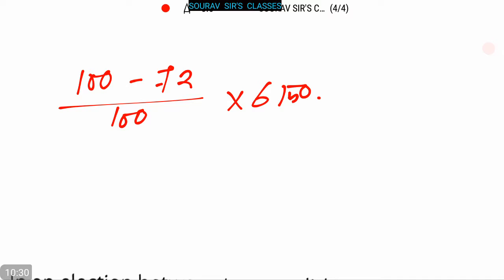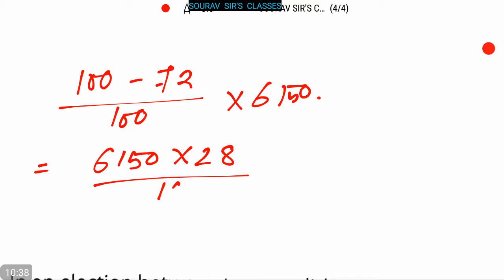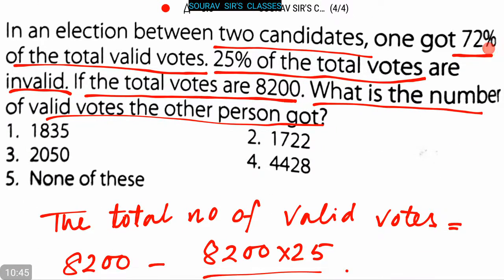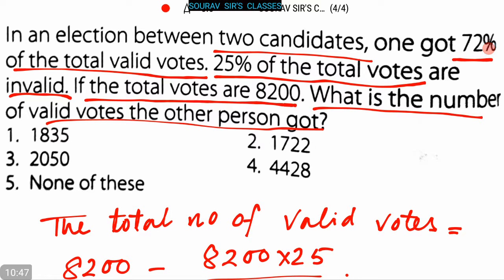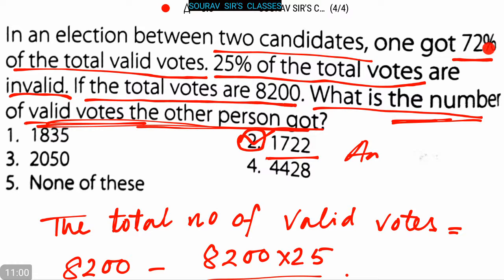Now from this we can write it as 6150 into 28 divided by 100. This is equals to 1722. So the number of valid votes that the other person got is option 2, that is 1722. This is our answer.